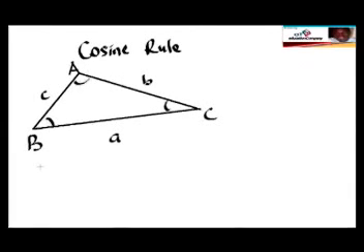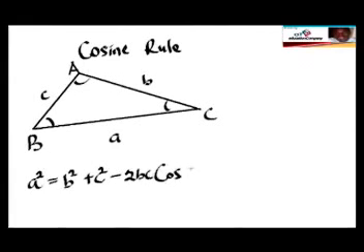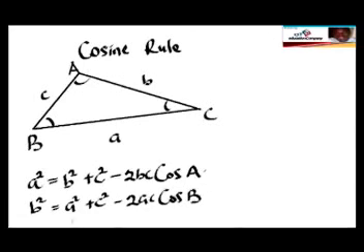If I'm looking for a, the formula says a square is equal to b square plus c square minus 2bc cos capital A. And if I'm looking for b square, I'll have it as a square plus c square minus 2ac cos B. And if I'm looking for c square, it's a square plus b square minus 2ab cos big C.